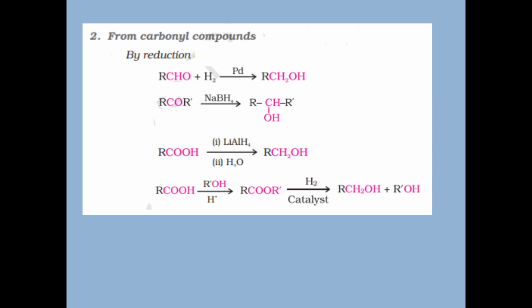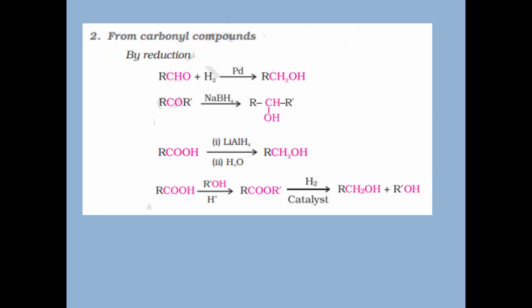Preparation from carbonyl compounds by reduction. If we reduce the aldehyde group with H2 and palladium, it is converted into a primary alcohol, and a ketone with lithium aluminum hydride or sodium borohydride is converted into a secondary alcohol. A carboxylic acid, if reduced with lithium aluminum hydride and then water, is converted into a primary alcohol.